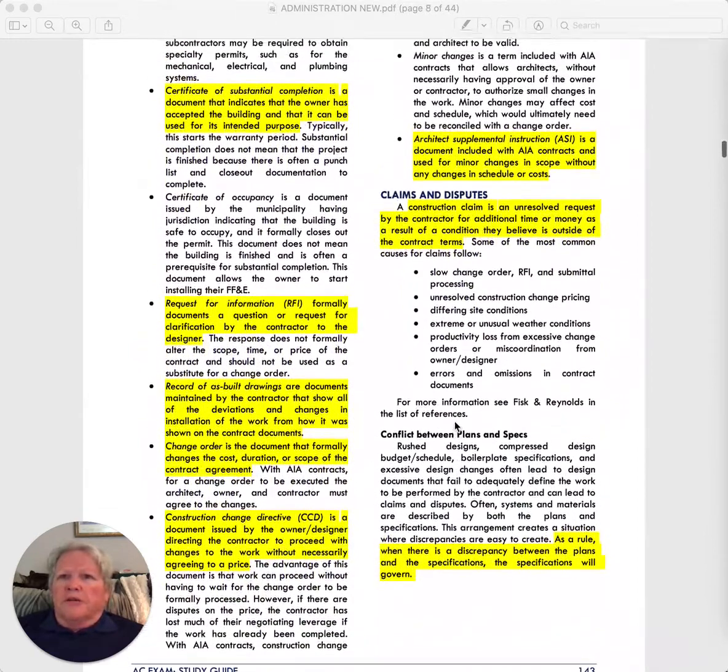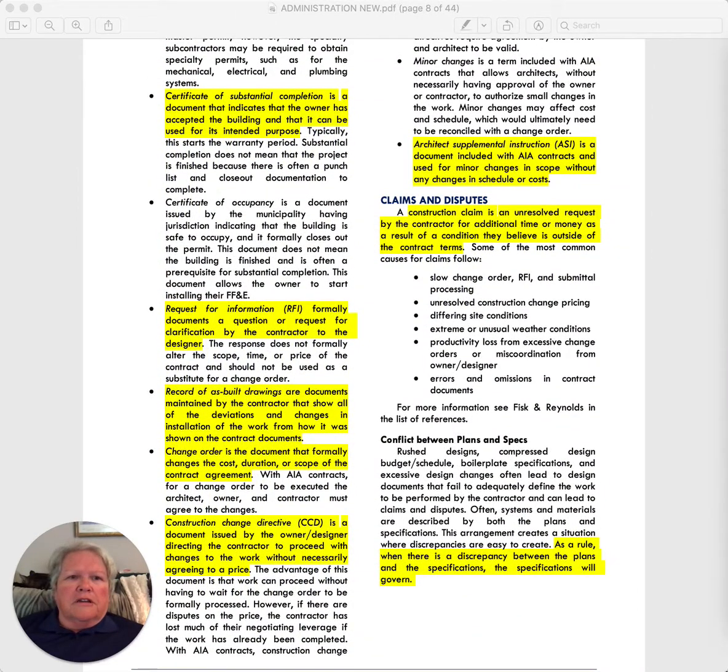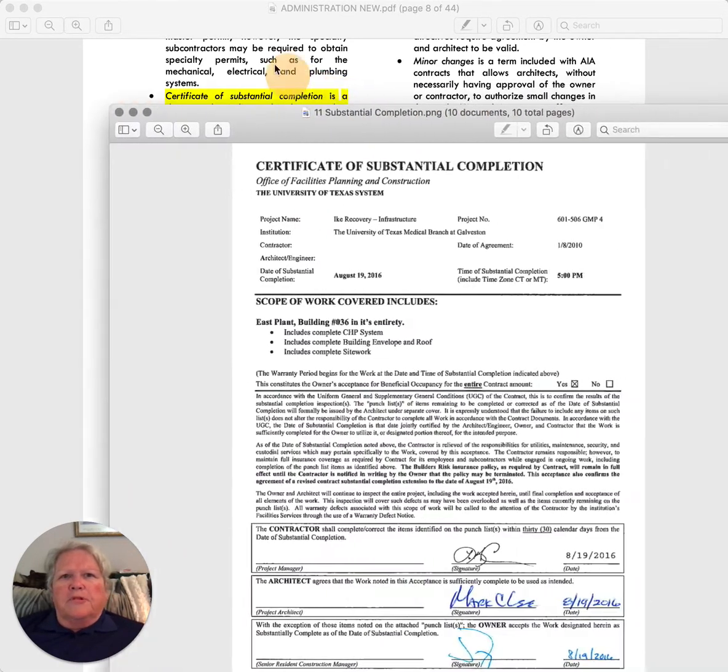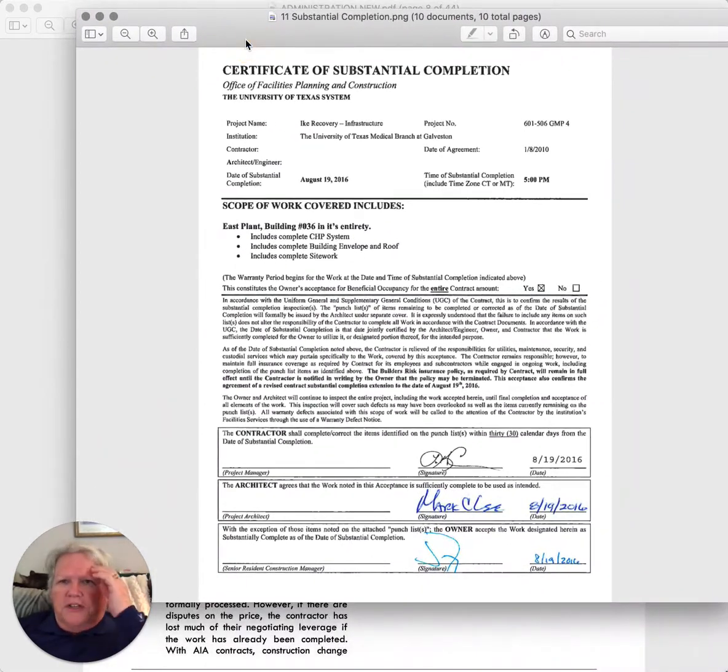Here we go, one of my personal favorites, Certificate of Substantial Completion. Here is an example of a substantial completion certificate. This is a variation of an AIA document. You can see it's got the big words, Certificate of Substantial Completion.